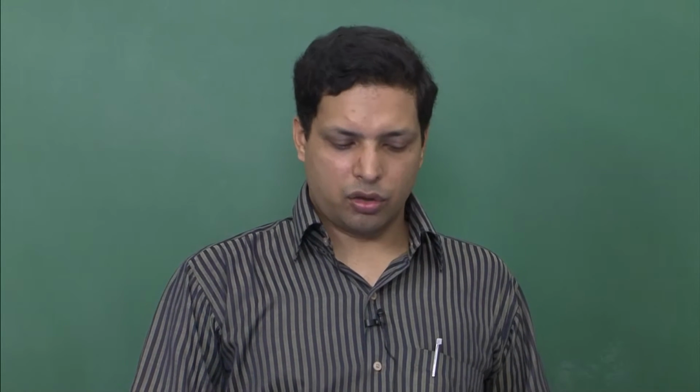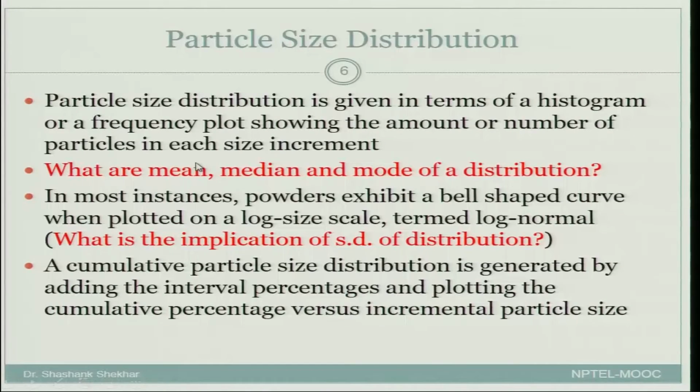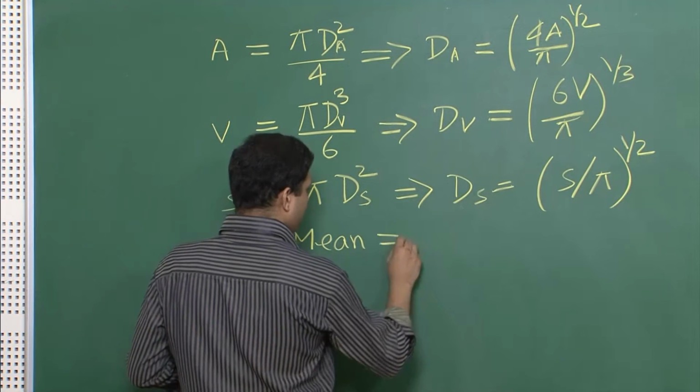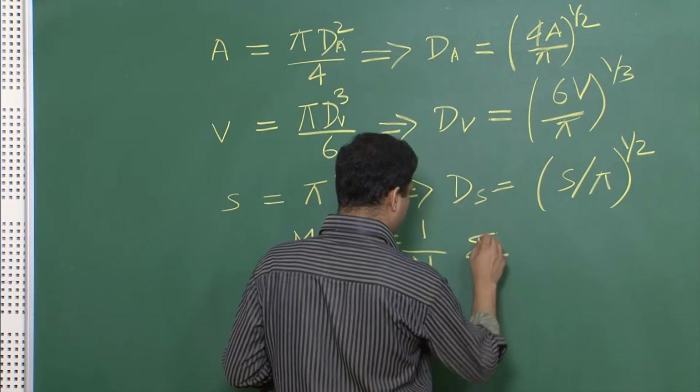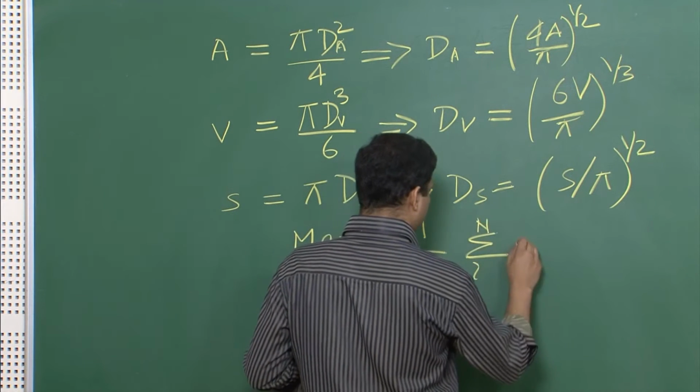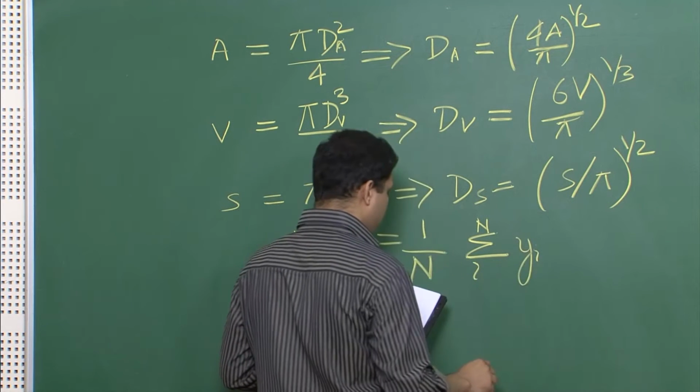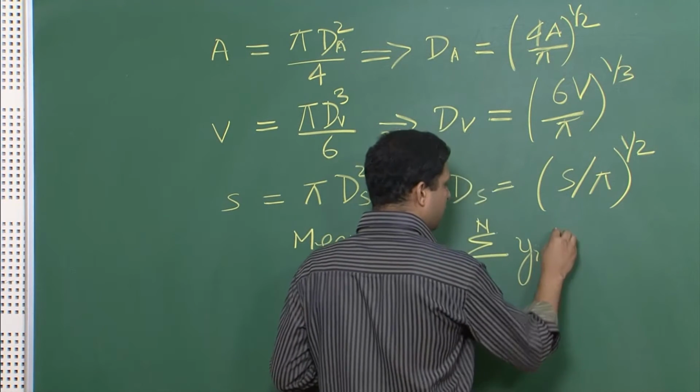You will get a distribution, and that distribution needs to be defined in terms of some parameters, and the most usual parameters are mean, median and mode. So, what are mean, median and mode? Mean, most of you would be aware, so if you have n number of particles, then mean would be given by the sum of yi di, where yi is the frequency of the particle of this size.